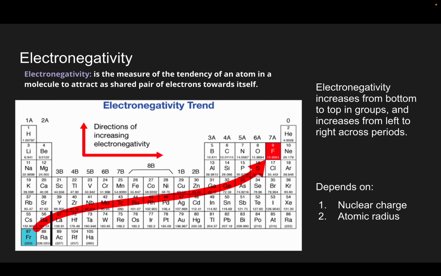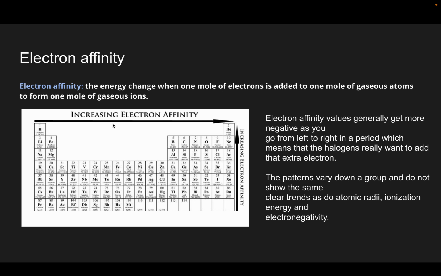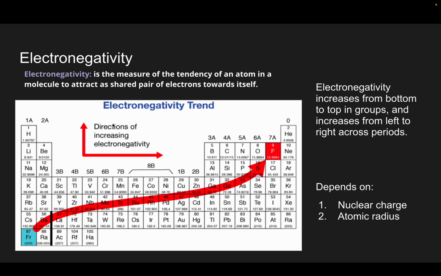Here, as you know, electronegativity is a measure of the tendency of an atom in a molecule to attract a shared pair of electrons. And I'm sorry, it can also be explained by atomic radius.